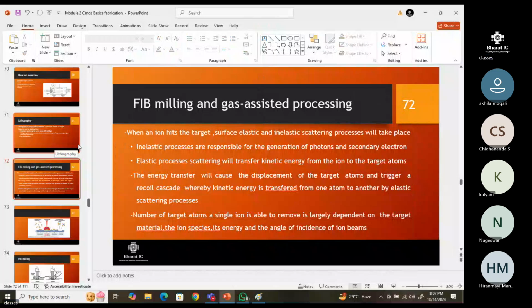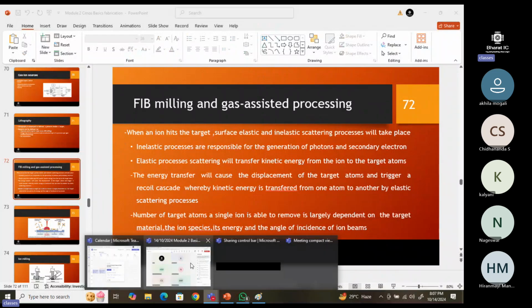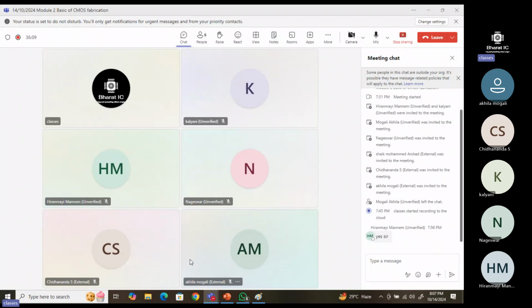Okay. See, these things are very fundamental physics. These things will only get clear to you if I teach you, if you actually read these things, you will be able to learn them. Okay, learning by rote is not the point in analog layout or in any field of engineering.